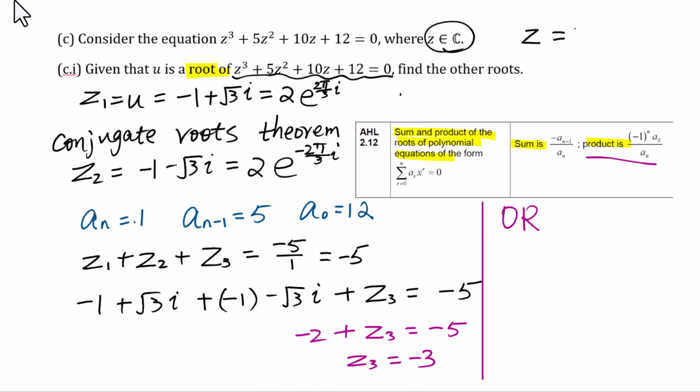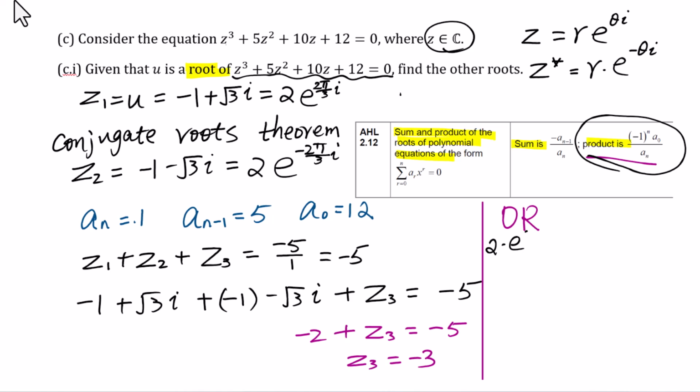Or if you want to use the product formula, Euler form is better. If z equals r times e to the power of theta i, then its conjugate equals r times e to the power of negative theta i. 2 times e to the power of 2 pi over 3 i times 2 times e to the power of negative 2 pi over 3 i times z3 equals -1 to the third power times 12 over 1, which is -1 times 12 over 1.